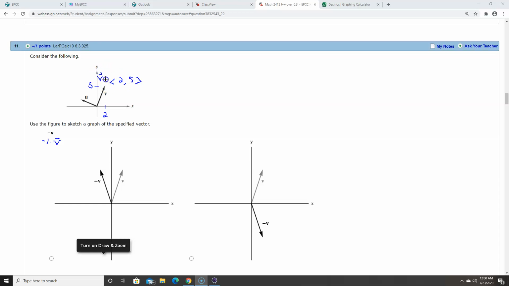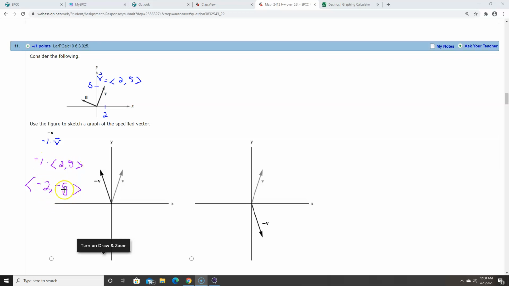Just pretend. Then what would this be? -1 times v would be a brand new vector. And you would say -1 times 2, 5. And that would be, in component form, -2, -5. -1 times 2 is -2, -1 times 5 is -5.